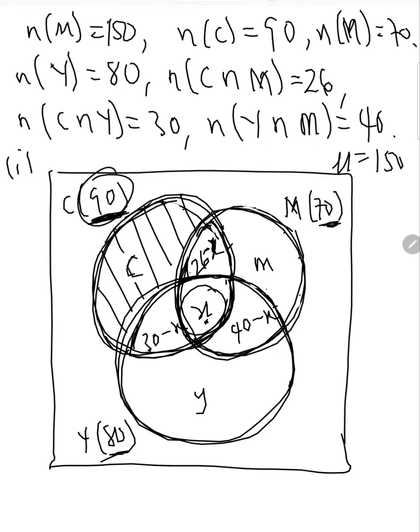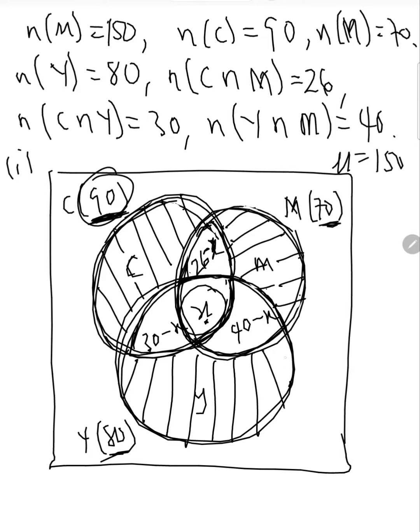Out of the 90, some sell cassava and some sell yam. But if you want to know those who sell cassava only, then it is the shaded portion. In the same vein, if you want to look for those who sell maize only, then it is this shaded portion. Then those who sell only yam is this shaded portion.